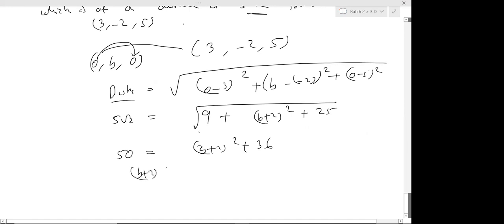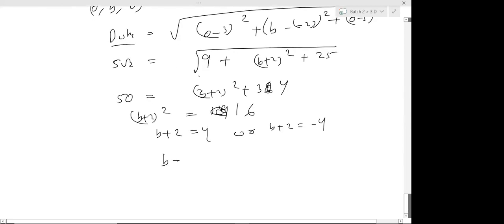So (b plus 2) whole square is equal to 16. So b plus 2 can either be 4 or minus 4. So b can be either 2 or minus 6. So the coordinates are (0, 2, 0) or (0, -6, 0).